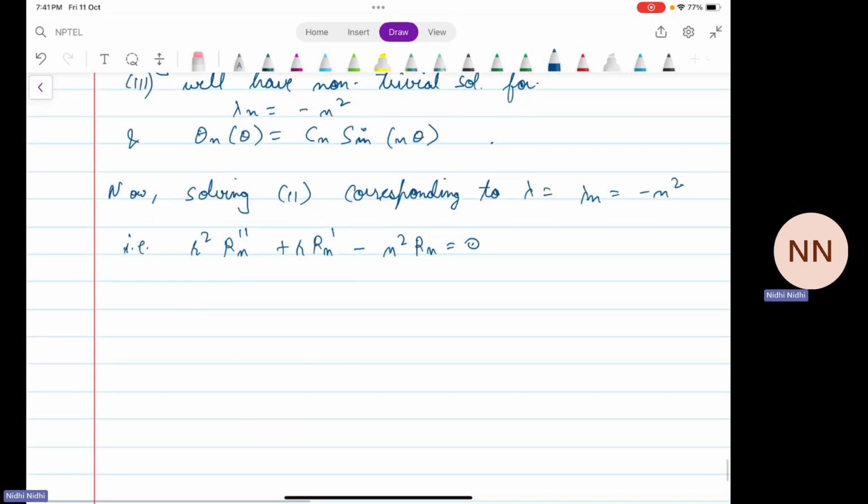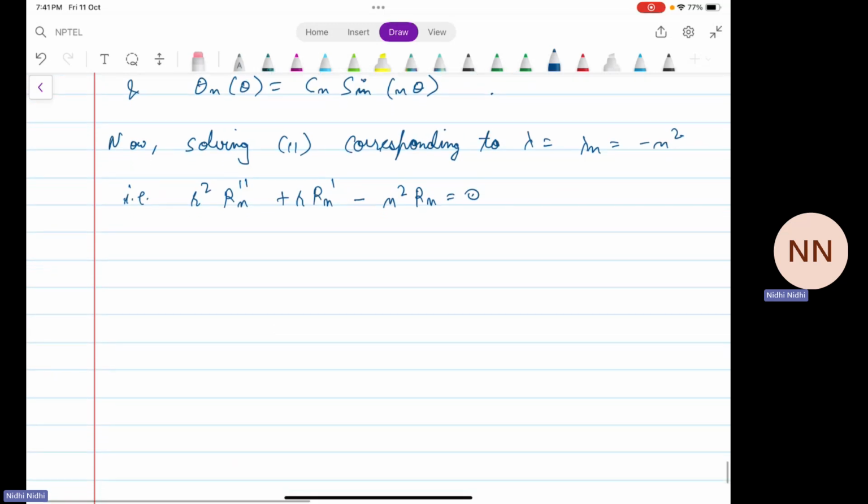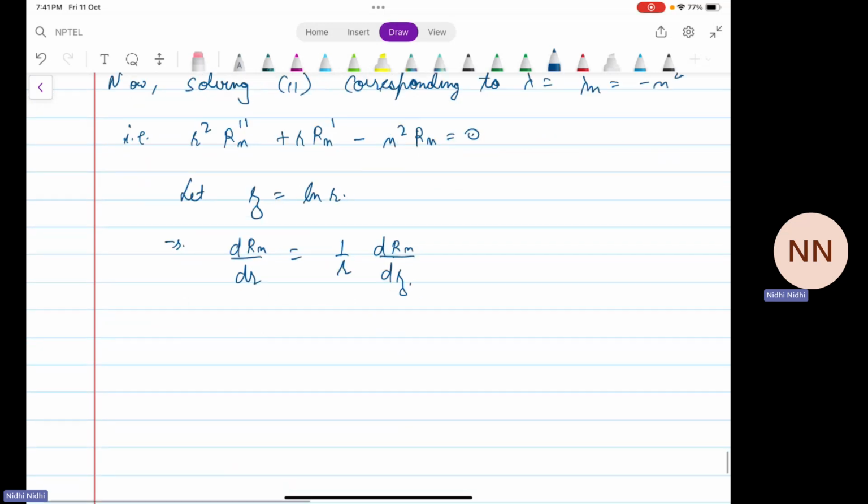So if you remember, this is a homogeneous second order differential equation with a non-constant coefficient. So this is basically an Euler kind of equation. So to solve this problem, we start with the substitution z equals ln r, and this will give us that dRn by dr is nothing but 1 by r times dRn by dz. Next step we will be using the product rule to find d2Rn by dr squared.